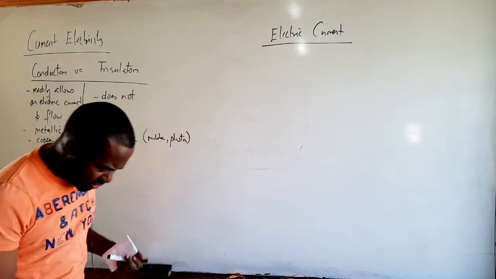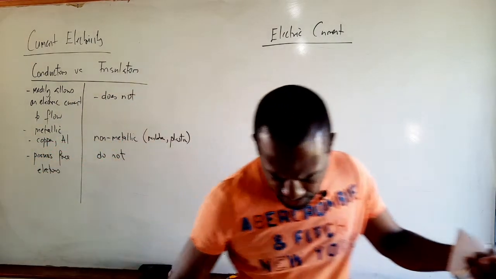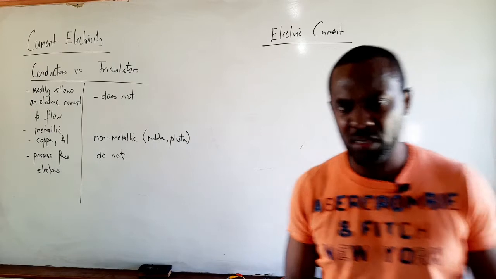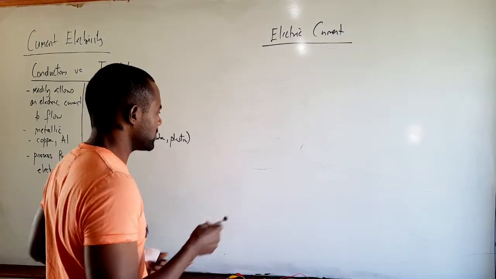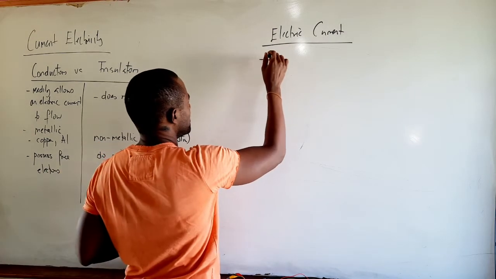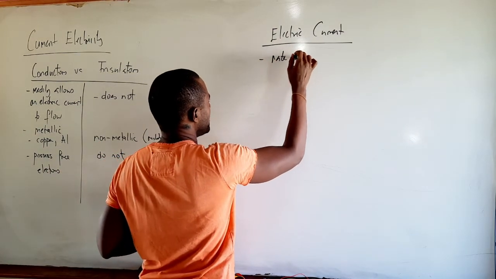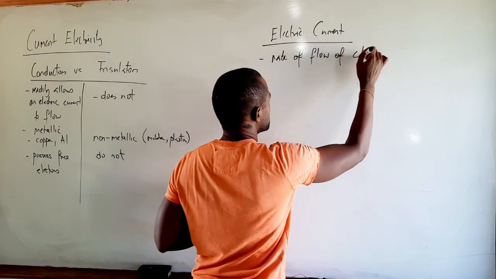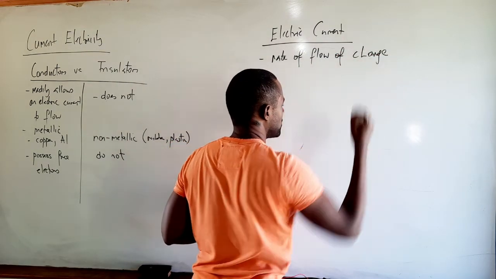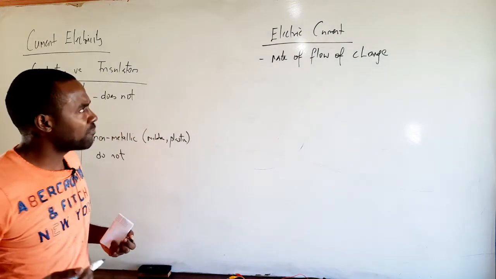Let's talk about an electric current. Now, what is an electric current? We probably would have touched on this before, but let's give a formal definition. An electric current is the rate of flow of charge.